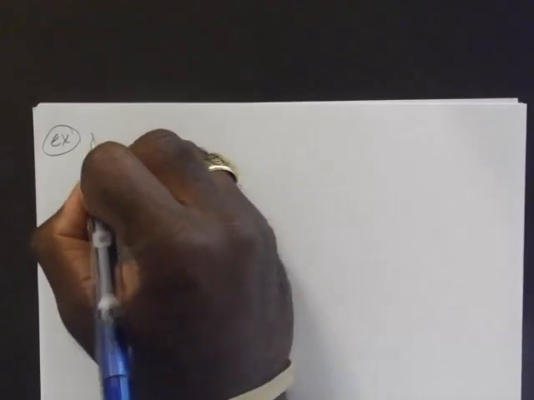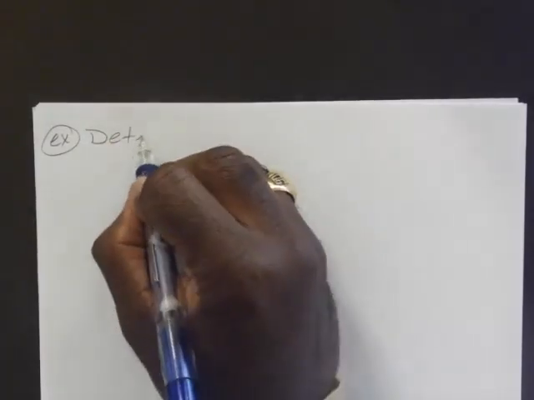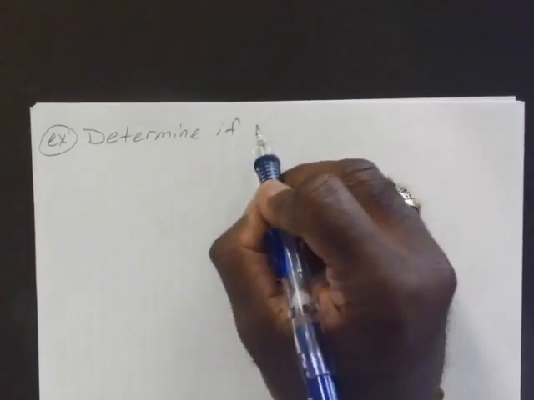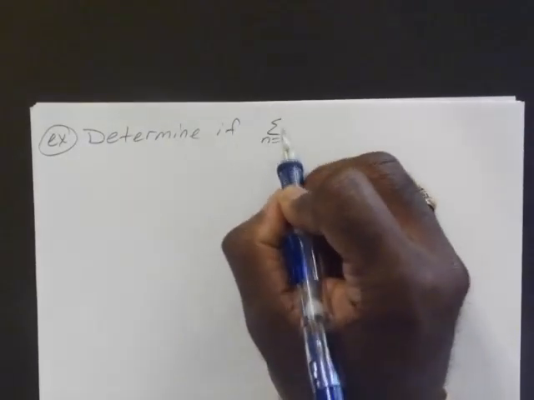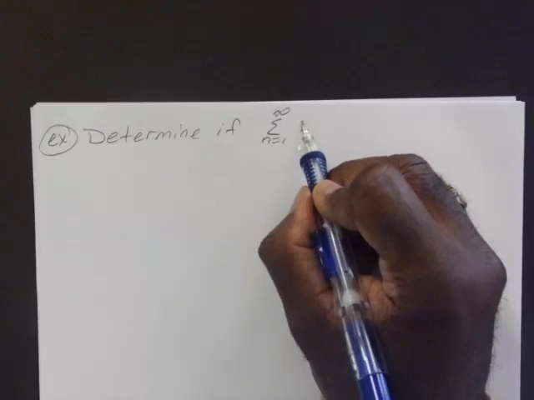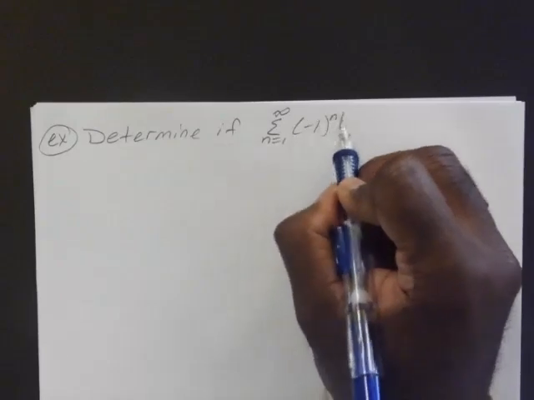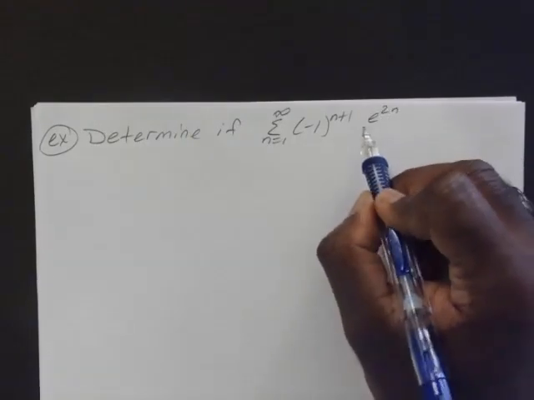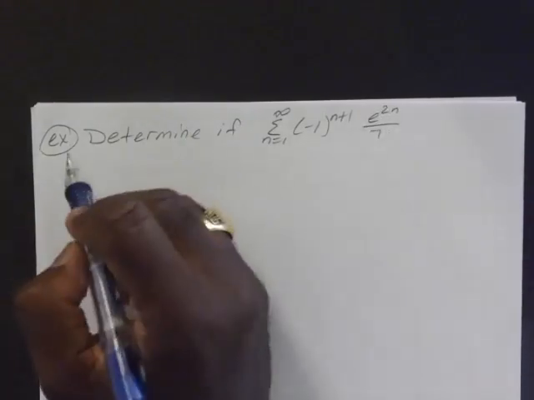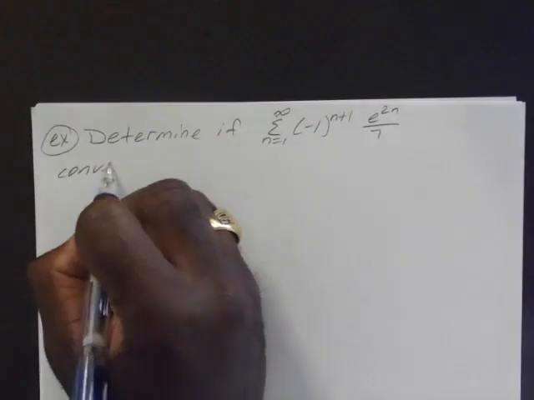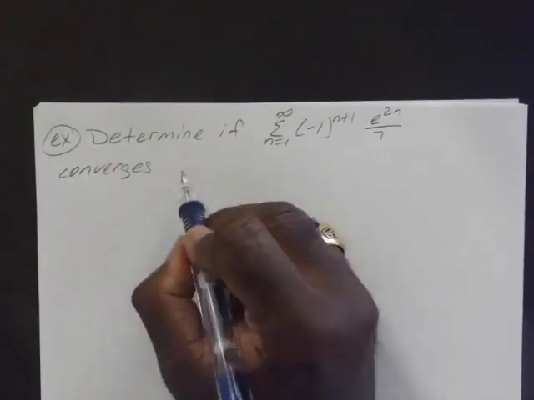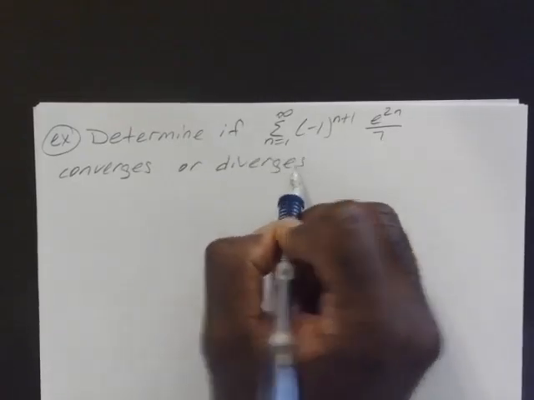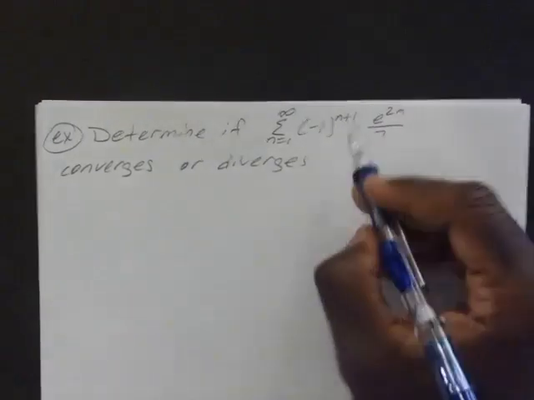Okay, so what if we wanted to determine if the sum from n equals 1 to infinity of -1 to the power of n plus 1 times e to the power of 2n divided by 7 converges or diverges using the alternating series test.